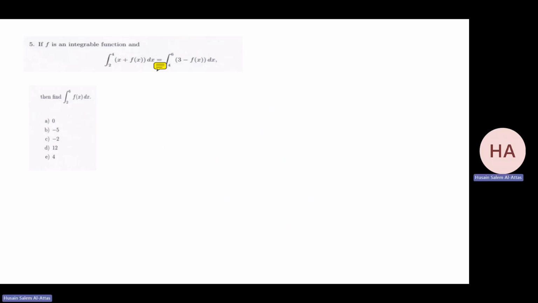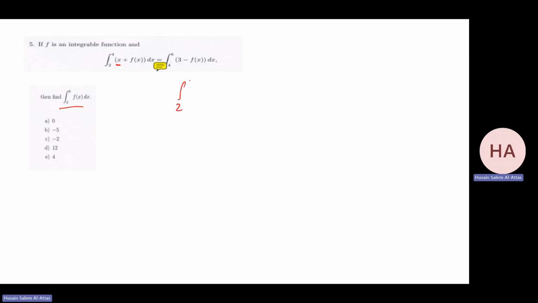If it's an integrable function, I have this relation. He wants this. Actually, we did the same one. We did this question when we talked about the area. But now I can also deal with it as an integral instead of doing the area.